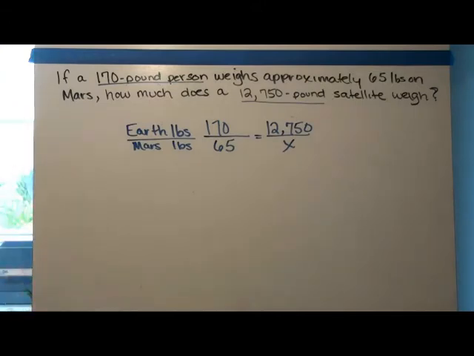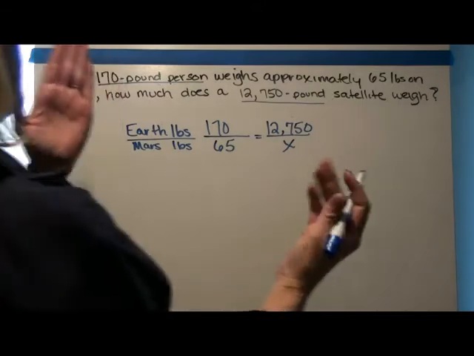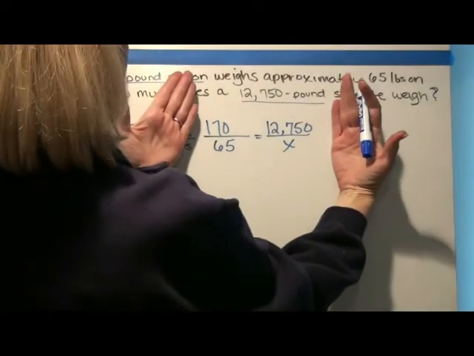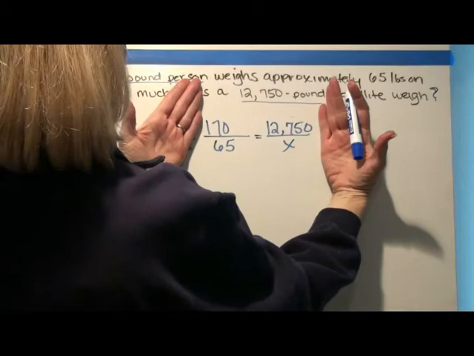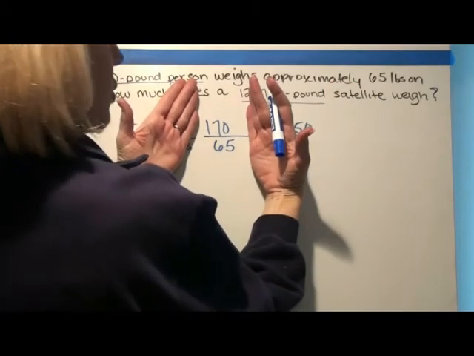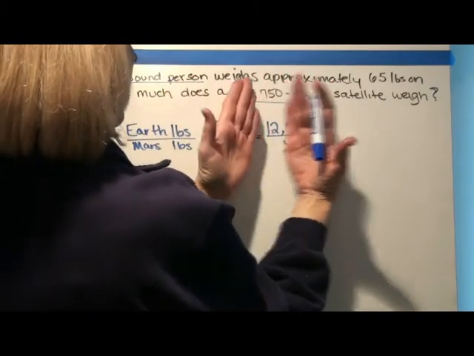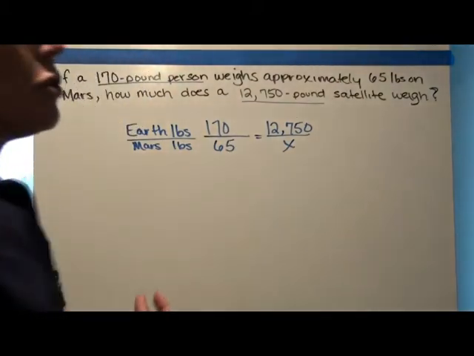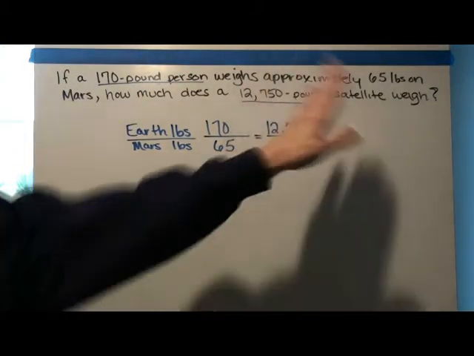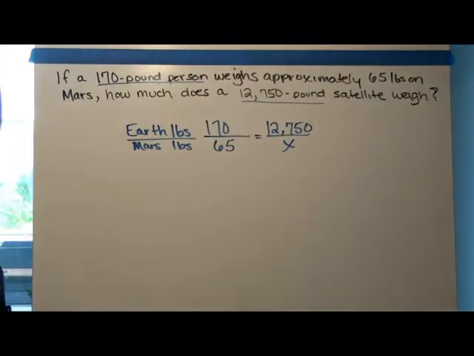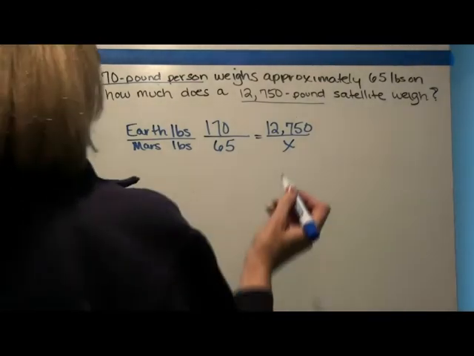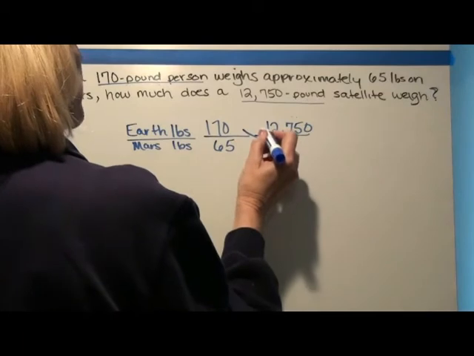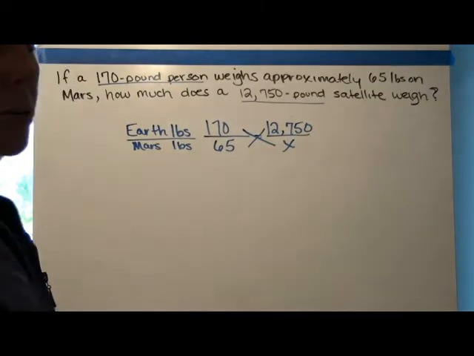What we're going to do is the more common example of just solving the proportion. This technique is used when you have two fractions. You can see here you have one fraction equal to one fraction. You can't really do this method when you have two fractions on one side and one fraction on the other, because we have a property that says the cross products of a proportion are equal to each other.